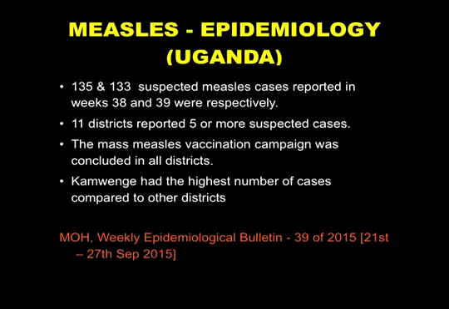Eleven districts reported 5 or more suspected cases during this time. Also notice that we've just had the mass measles vaccination campaign, which was concluded recently in all the districts in the country, though districts like Wakiso and Kampala had to extend by a few more days. In this report, Kamwenge district, in the Rwenzori sub-region, had the highest number of cases compared to the others.